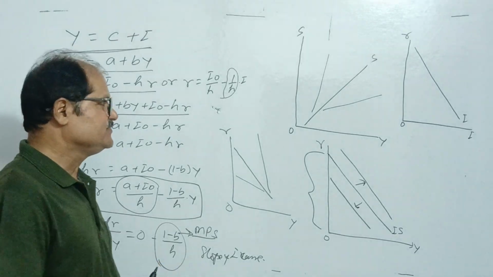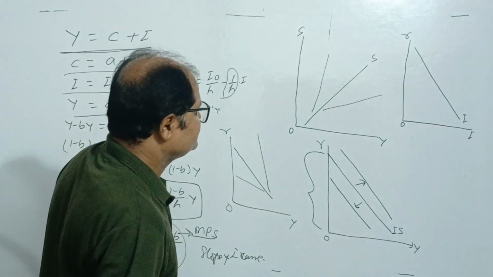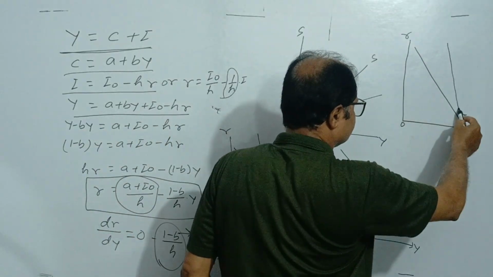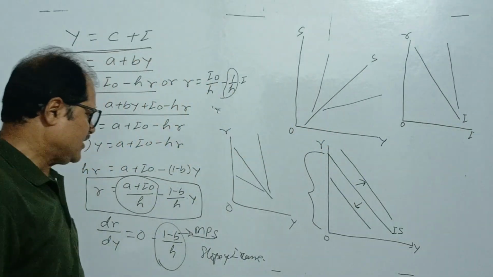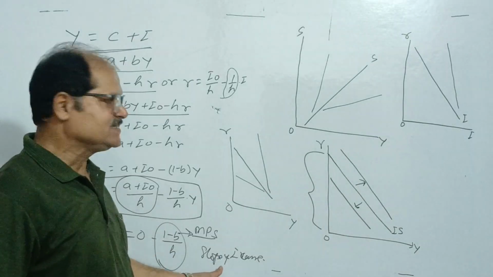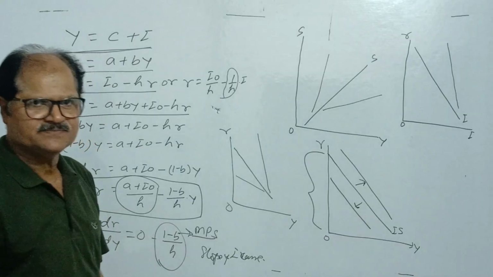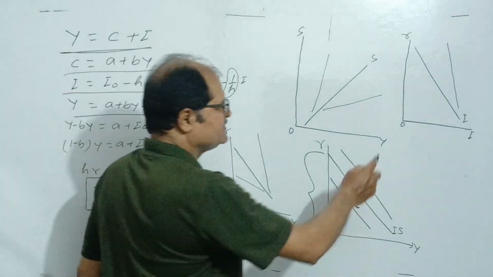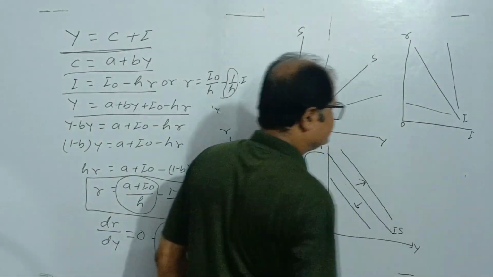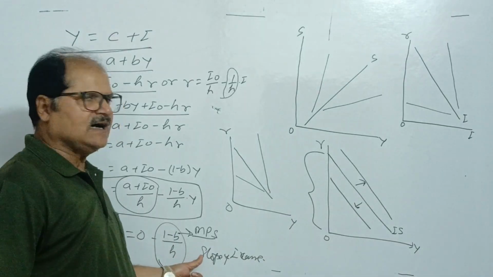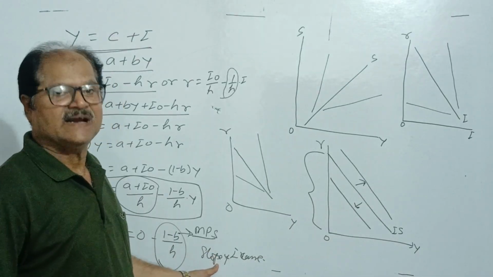Now what happens? We can see, if the investment curve becomes steeper, meaning if the slope of the investment curve increases, then the slope of the IS curve also increases. And if the investment curve becomes flatter, then the slope of the IS curve also becomes flatter.